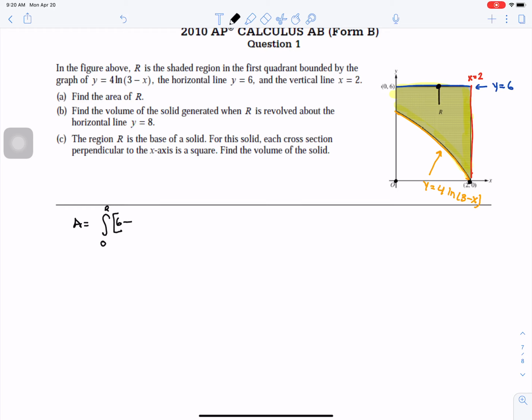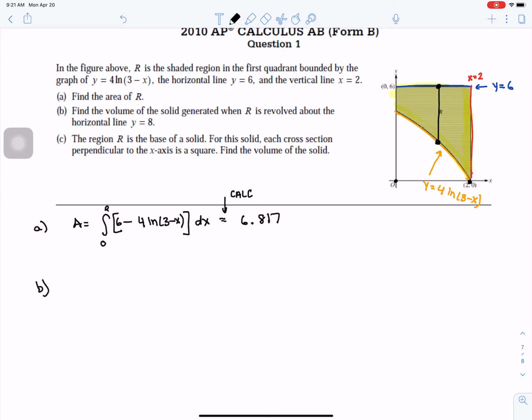If I draw this vertical slice in, my top is always my top and my bottom is always my bottom, so 6 minus 4 ln 3 minus x dx, and that would represent the area of region R, which is 6.817 when you work it out. This one we would have to use a calculator because you don't know how to integrate ln without integration by parts.